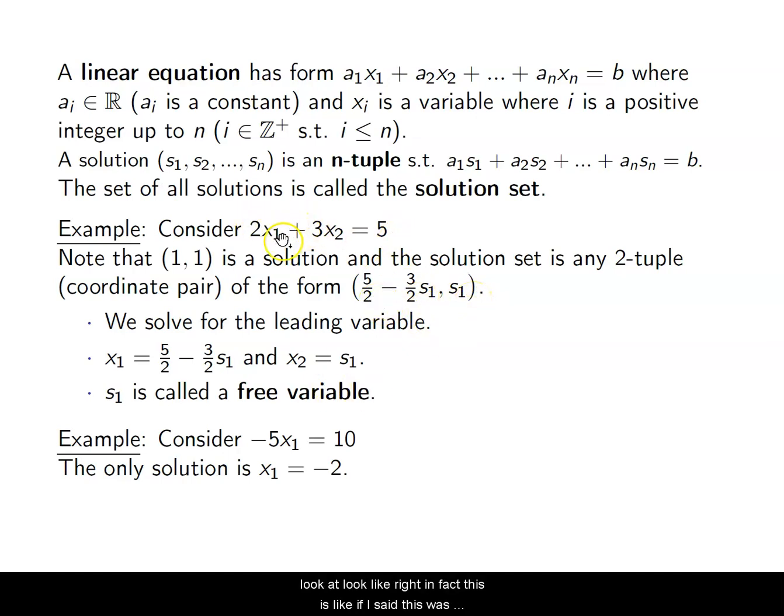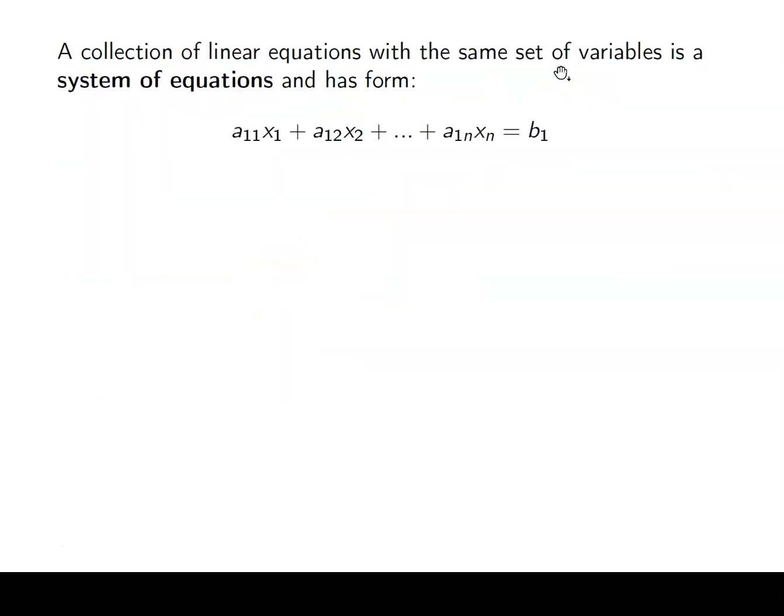In fact, this is like if I said this was y and this was x, and then I solved for y, right? This looks like the y equals mx plus b form, okay? It's just that we're not using, again, y's and x's. It's x subscript because there's multiple variables here, okay?